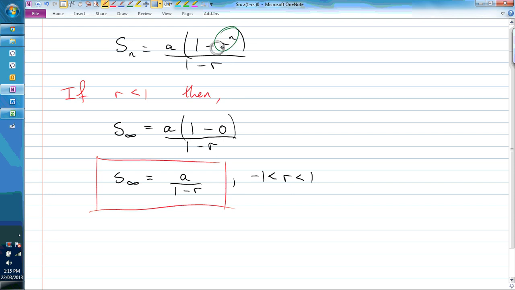Negative 1/2 times itself a bunch of times is still going to be 0. So this is the condition over here for when a limiting sum is allowed to be found, when it's going to approach a certain value and not get any closer. And this is how we find it using this formula, a over 1 minus r.